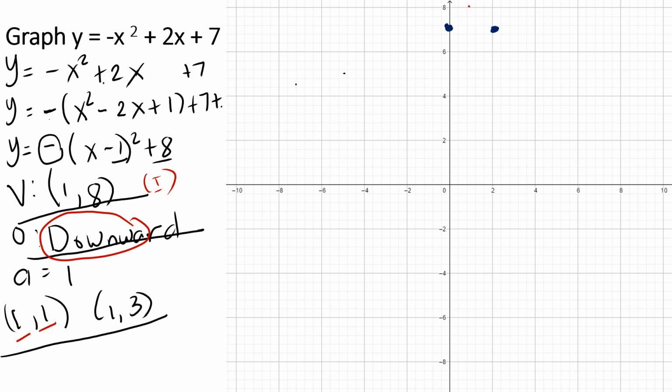Kailangan linawan natin yung vertex. Tapos nun, tayo naman ay pumunta sa 1 unit to the left and right, then 3 units downward. 1, 2, 3. 1 to the left and right, and 3 units downward. 1, 2, 3.